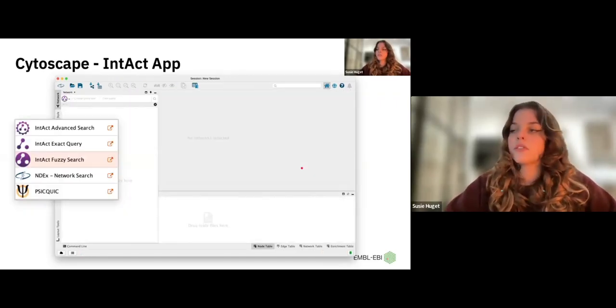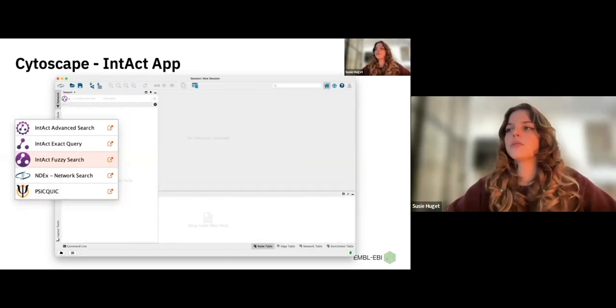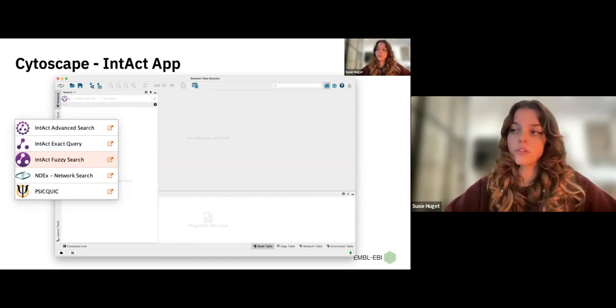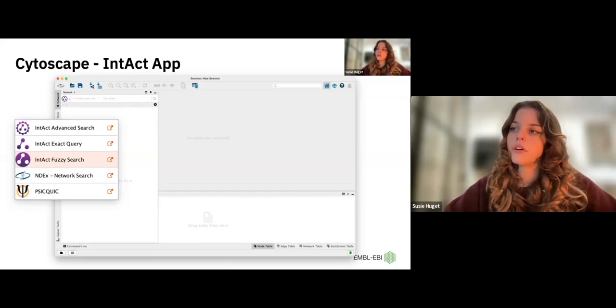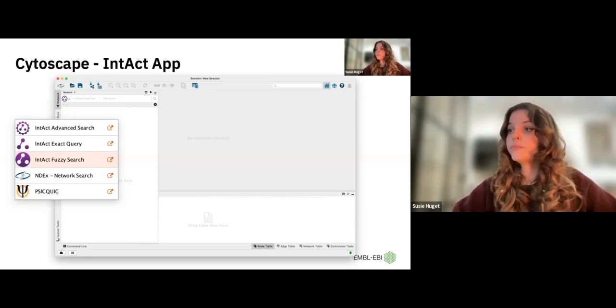Then we have the fuzzy search, which is a bit of a mix between advanced search and exact queries. When you type in a query, it will take the terms of this query and look for them within the IntAct database, and it will retrieve all the nodes that are related to this term.